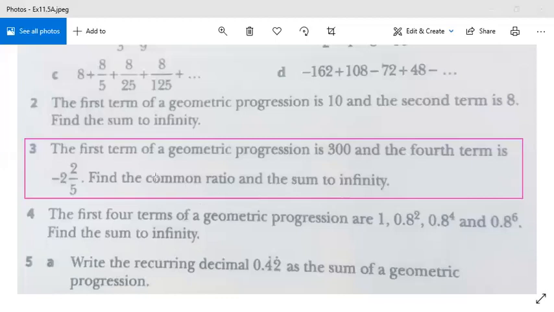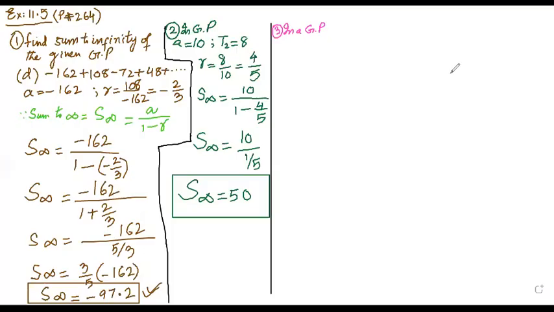Question number 3: the first term of a geometric progression is 300 and the fourth term is minus 2 whole number 2 upon 5. Find the common ratio and the sum to infinity. So in question number 3, it is given that in a GP, A is equal to 300, the first term.